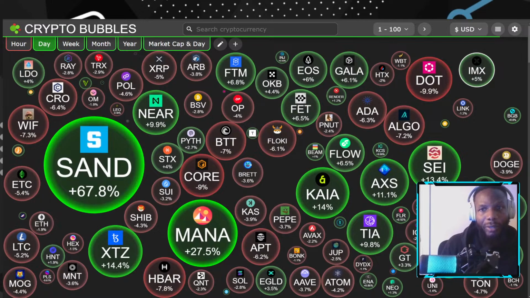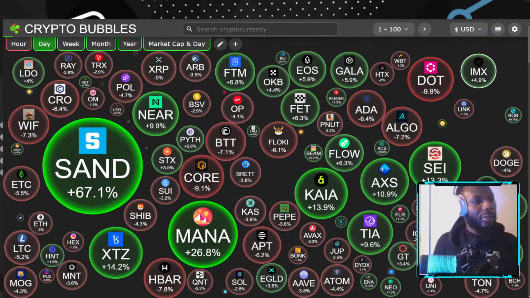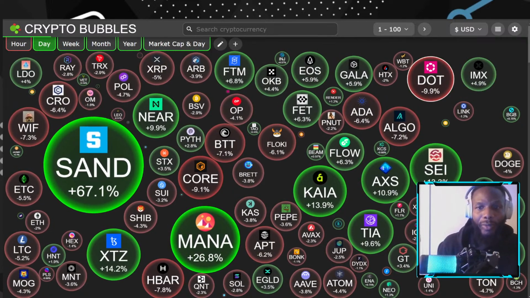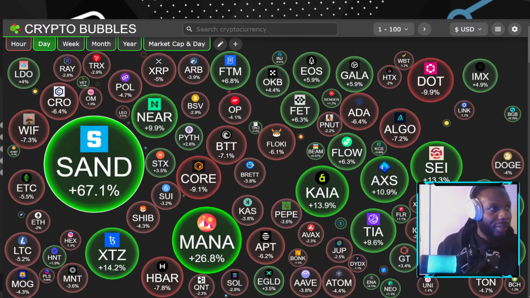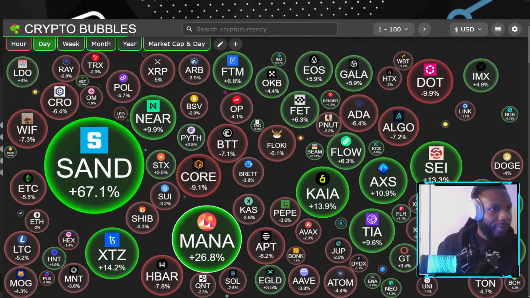IMX is a gaming token. It's a studio. They have multiple games that are going to be going to that blockchain. It's a layer 2 for Ethereum. Then you have Sand, which is this big green one here, which is a metaverse. And then you have Decentraland, which is another metaverse.